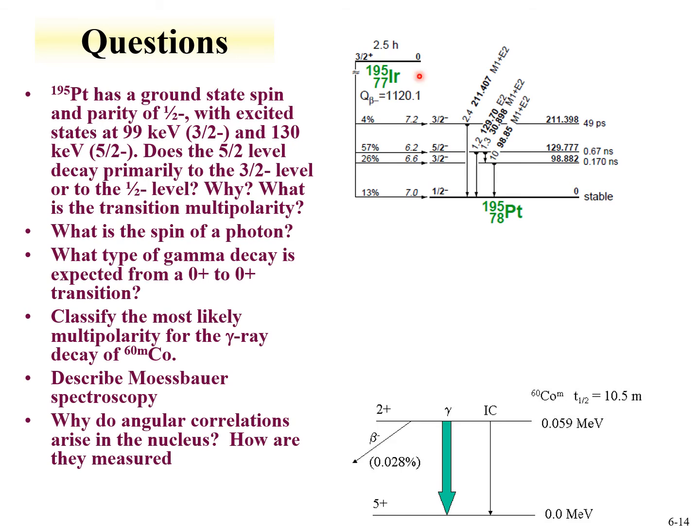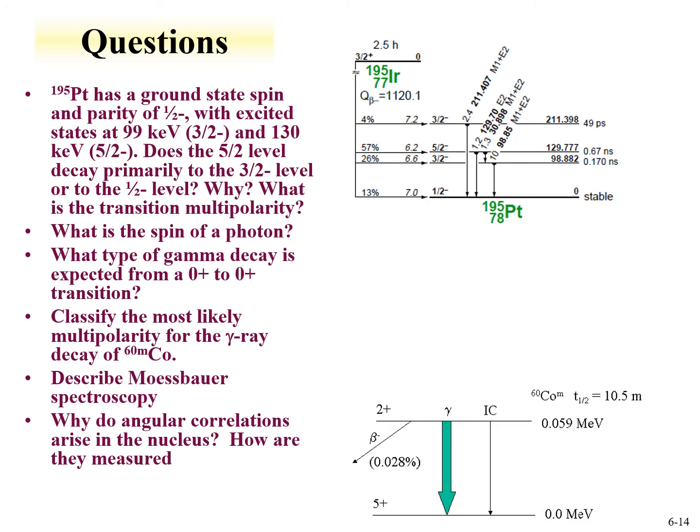If we look at the beta decay of iridium 195, it populates primarily with 57% of the time this 5/2 minus state. The question is, when this 5/2 minus state is populated, which one is depopulated primarily, from a transition from this 5/2 minus state to the 3/2 minus state, or the 5/2 minus state to the 1/2 minus state?